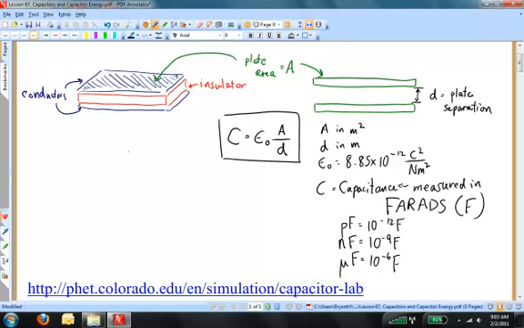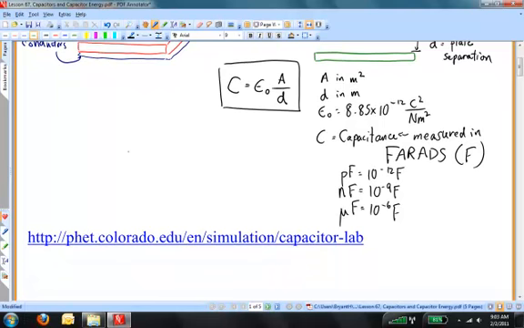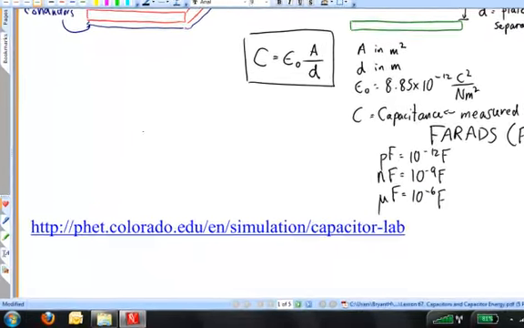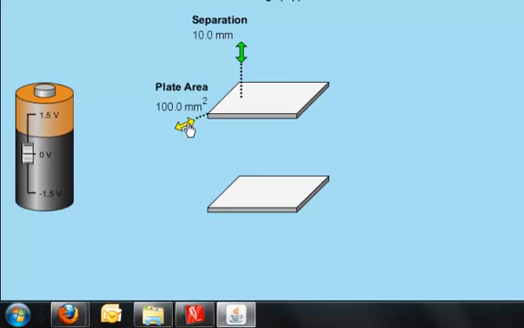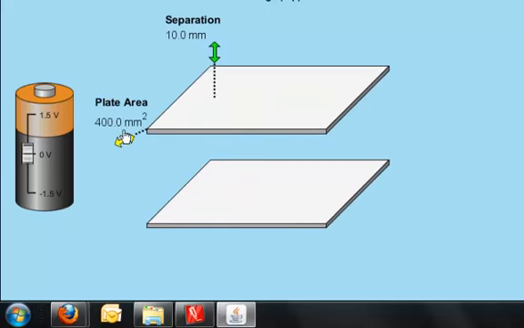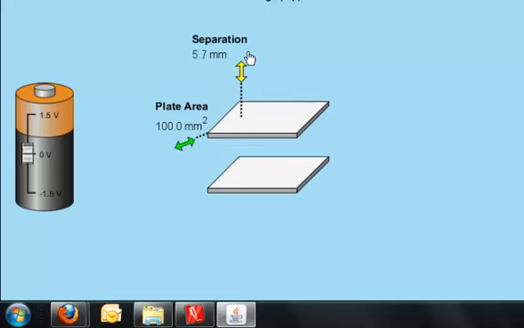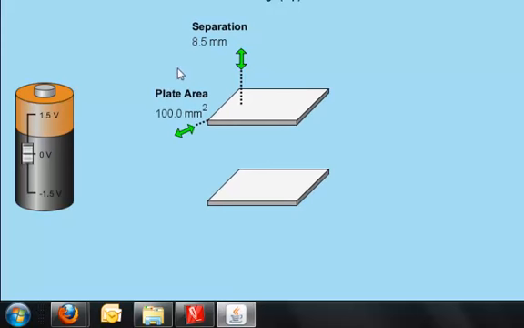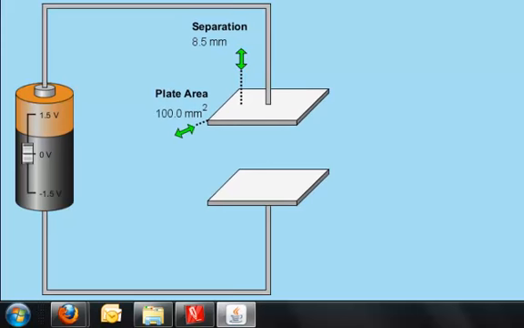Well, what happens when you put a capacitor into a circuit? Let's take a look at a simulation, and this link would take you to that simulation. In this simulation, you can adjust the different parts of the capacitor. When the battery is connected in the circuit, then the capacitor can become charged, making opposite signs of charge appear on the plates. The battery pumps negative charge from one plate to another, like this.